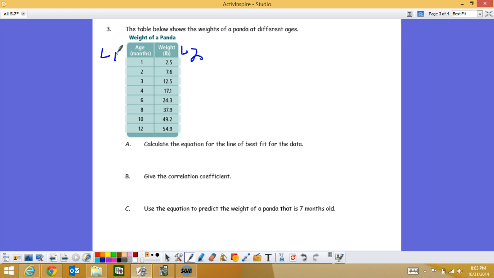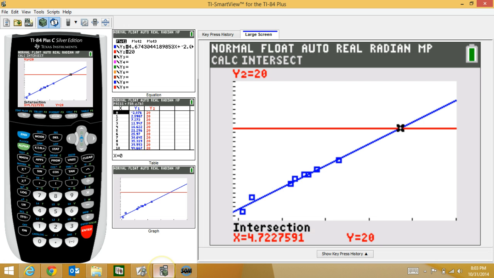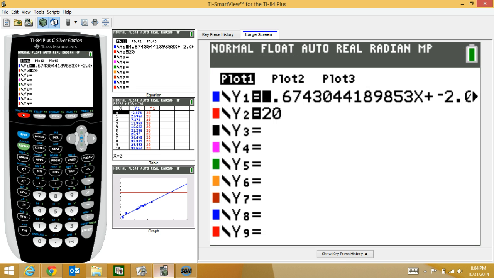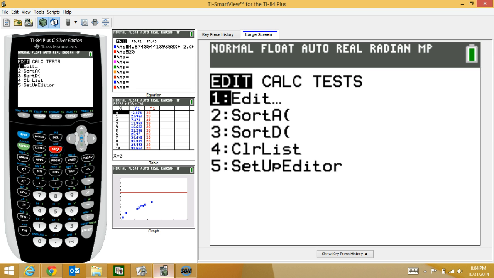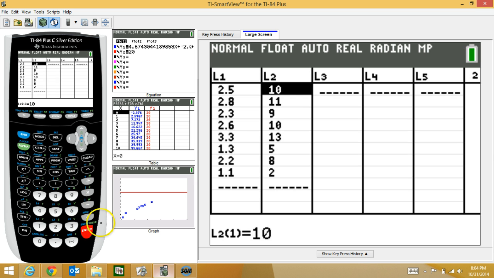So, to our calculator we go. And once again, before we get started, let's hit the Y equals button and clear out those equations from the previous problem. And then we're ready to enter our data. So we're going to go to the list by hitting Stat and then Enter on Edit.